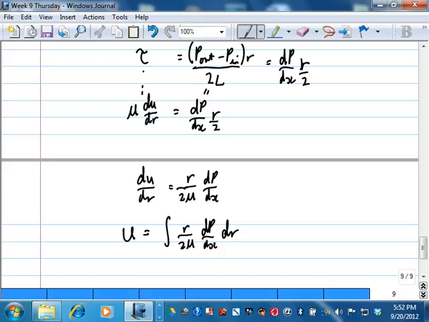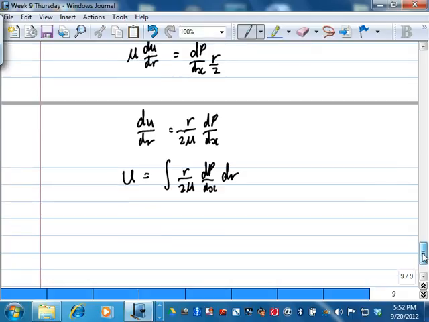So hopefully I don't mess it up. U is 1 over 2 mu dP on dx times R squared over 2 plus C.